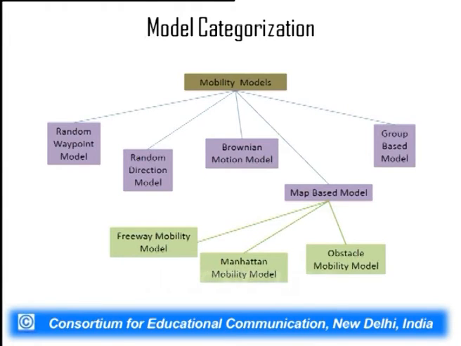Then we have the map based model, where certain constraints are put, and the group based model, which is taken up so many times in the context of sensor networking, because sensor networks mostly work in hierarchy, in clusters, and a group based model is a very realistic model, and we can say that it's a hybrid combination of all these models also, okay. So now let's see one by one.